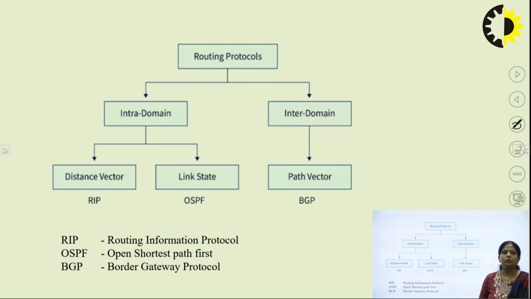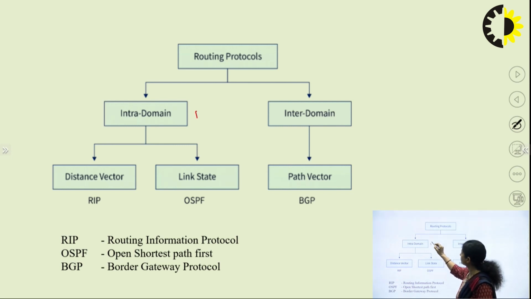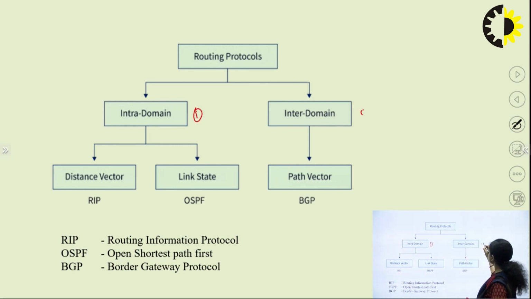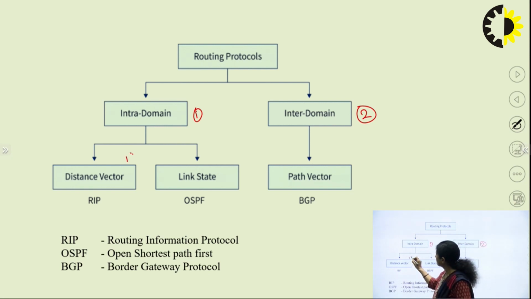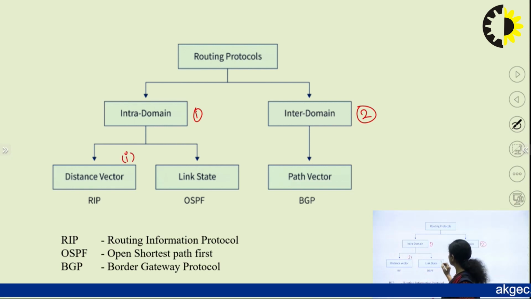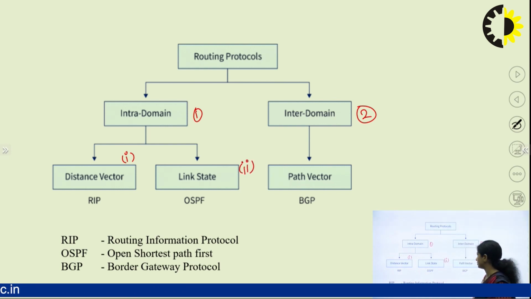These are the routing protocols which we use with the respective routing algorithms. We have two classes here: one is intra-domain and the second is inter-domain. In intra-domain routing protocols, we have two categories: distance vector and link state routing algorithms.